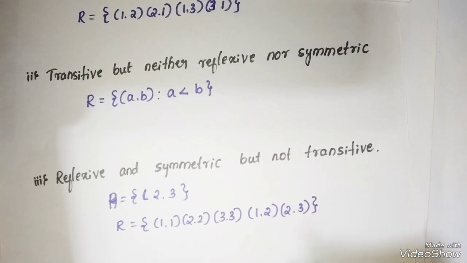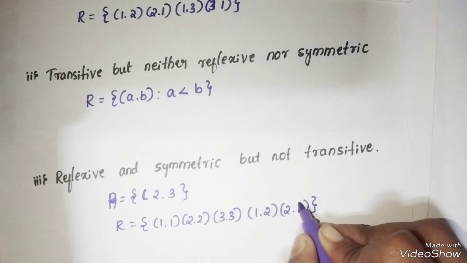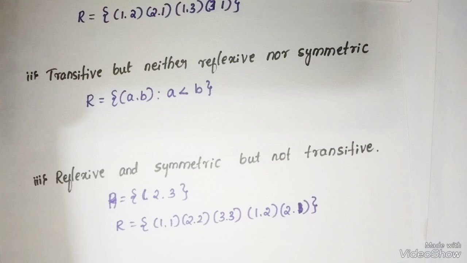Now the reflexive and symmetric condition but not transitive. (1, 1), (2, 2), (3, 3) are there, hence it is reflexive. (1, 2) and (2, 3) are there, and sorry, we have to take (2, 1). (1, 2), (2, 1): the symmetric condition is obeyed, hence it is symmetric.